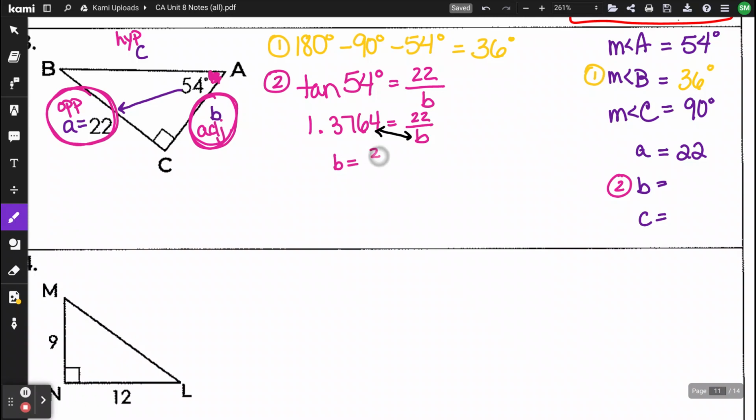So b equals 22 over 1.3764. Sorry, I gotta bust out my calculator here. 22 divided by 1.3764 is 15.9. So side length b is 15.9.